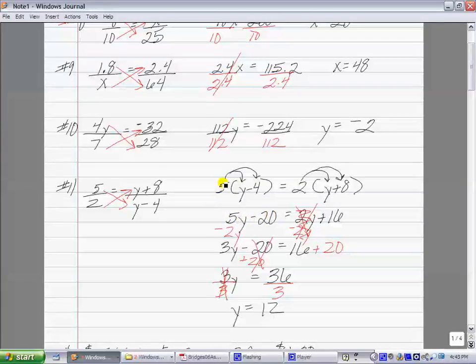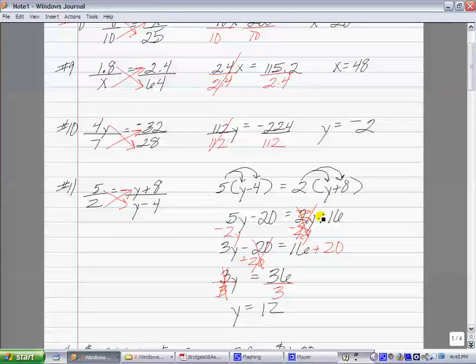The first thing that I need to do then is to try and get the y's both on the same side. So one way I can do that is to do the opposite operation. If I have 2y over here, I can do the opposite and subtract 2y from both sides, which gives me 3y, take away 20, equals 16.